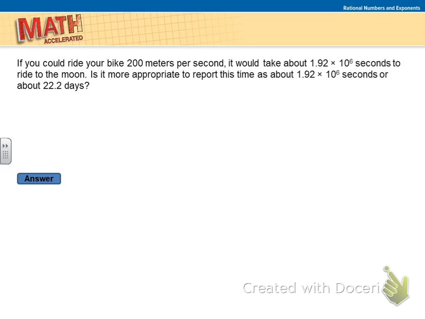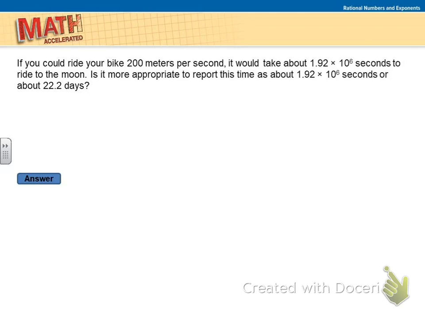So this one's talking about, it says that if you ride your bike 200 meters per second, it would take about 1.92 times 10 to the 6 seconds. Right? That's a big number. Listen up. Or it says what? About how many days? 22.2 days. What this question is asking is, is it more appropriate to report the time as that many seconds or 22 days?